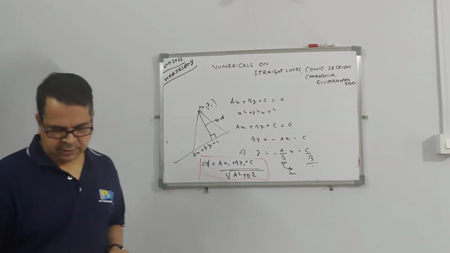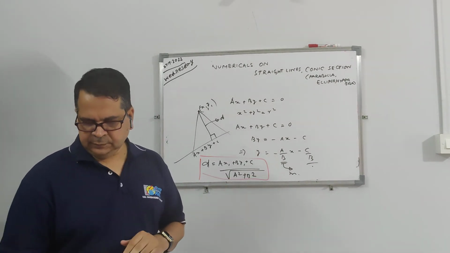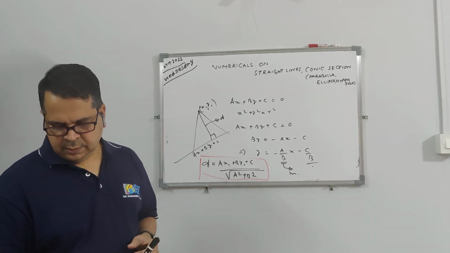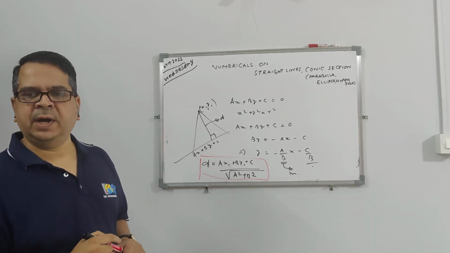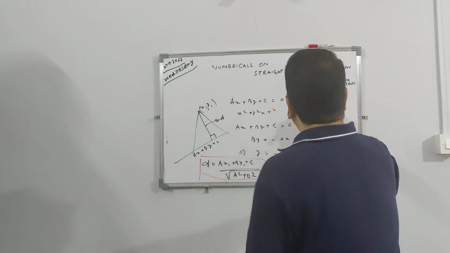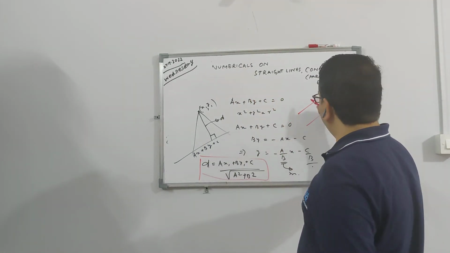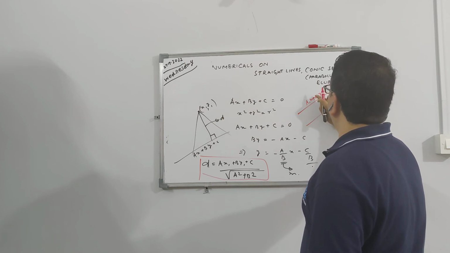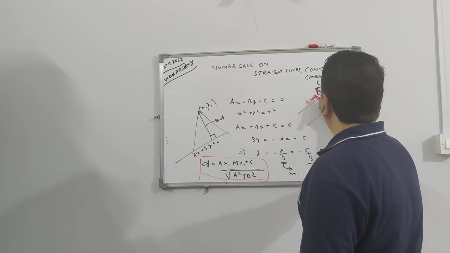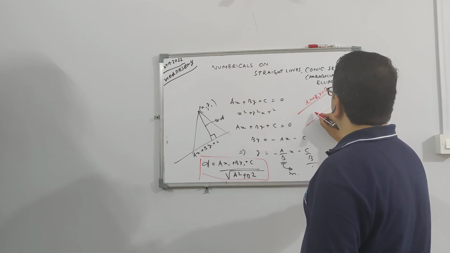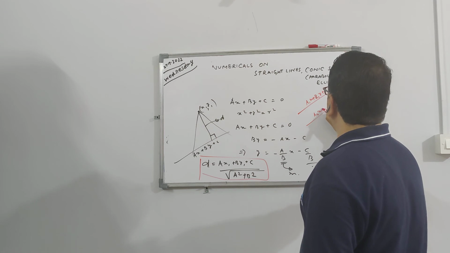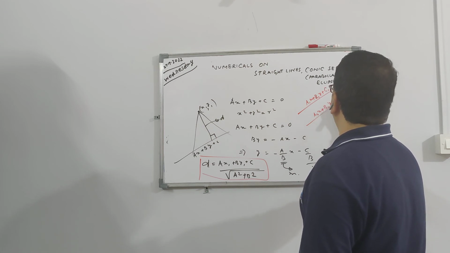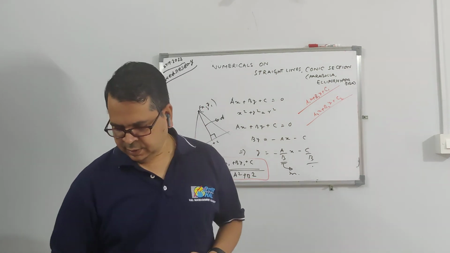So this is the distance of a point from a line. Then the distance between two parallel lines. Suppose I have one line like this and another line like this, a1x plus b1y plus c1 and a2x plus b2y plus c2.